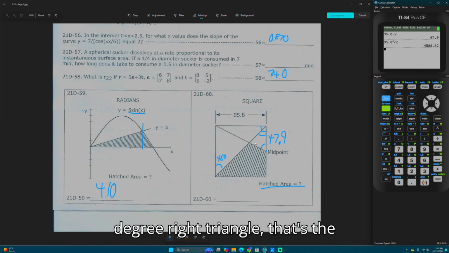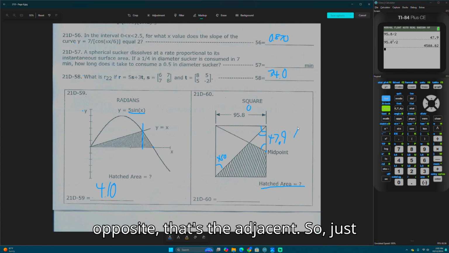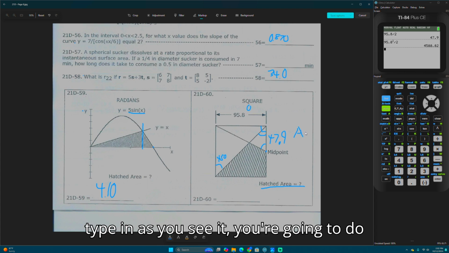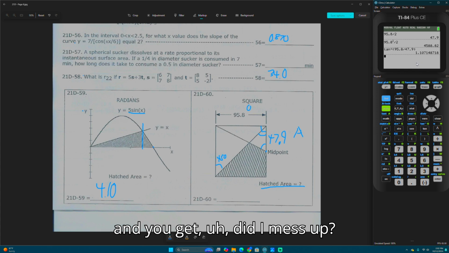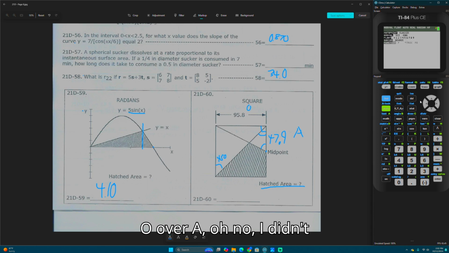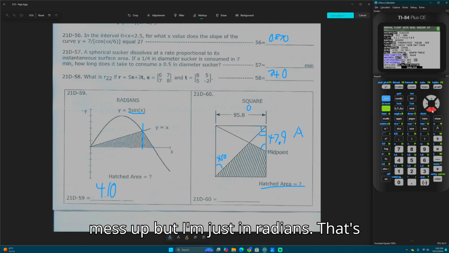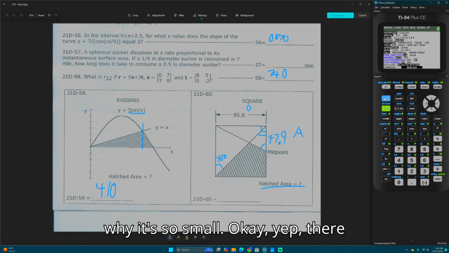It's a 90-degree right triangle. That's the opposite. That's the adjacent. So just type in as you see it, and you're going to do the inverse tan of O over A, 95.8 divided by 47.9. And you get, did I mess up? O over A. Oh no, I didn't mess up, but I'm just in radians. That's why it's so small. Okay. Yep. There you go.